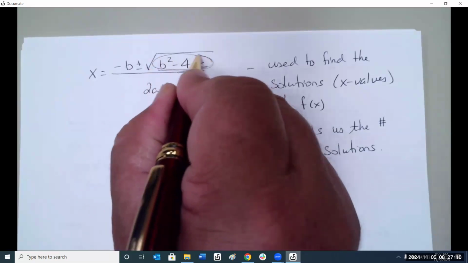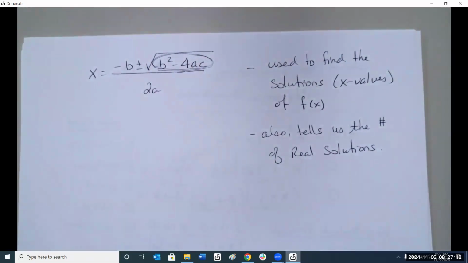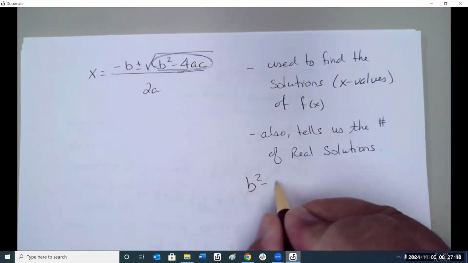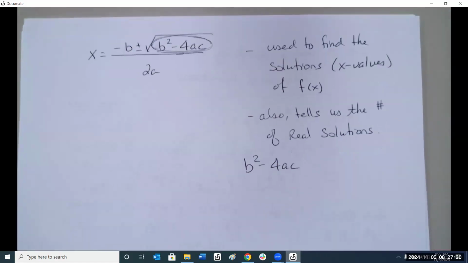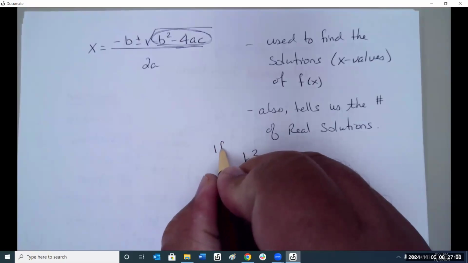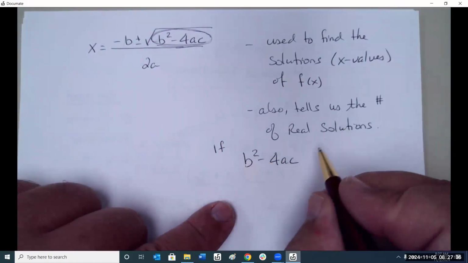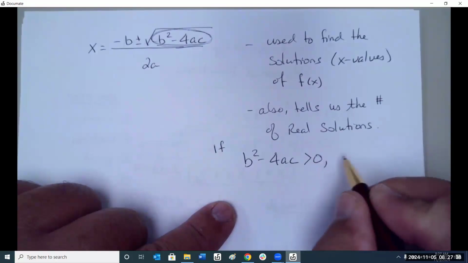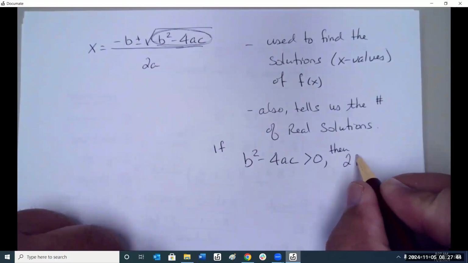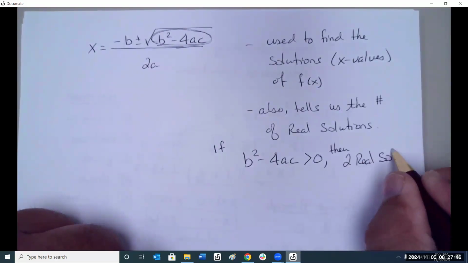That's done by this part here. It's called the determinant. B squared minus 4ac, the determinant. It tells us if we're going to have 2, 1, or 0 real solutions. If b squared minus 4ac is positive, then 2 real solutions.